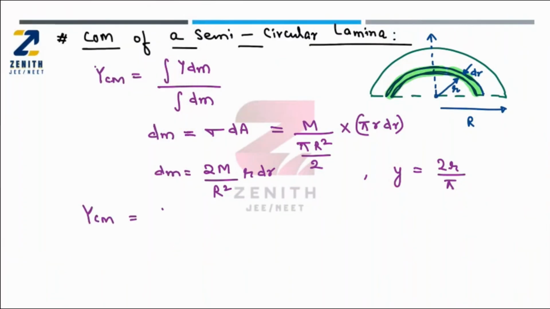Fine. So lamina, that is nothing but the semicircular lamina. So the integration of dm will be the mass only. What is this value? This is nothing but 2r by pi into 2m divided by r square into r into dr. Otherwise you can take this dm also.